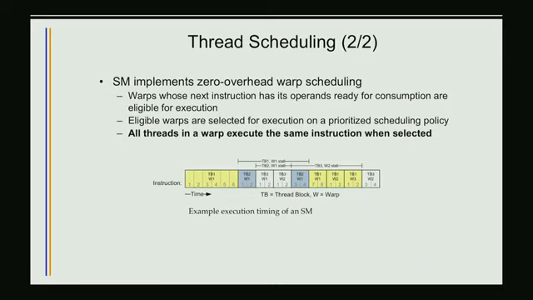But then at that point I realize, okay, the warp is doing a load, which is trying to get some data from a memory that's very distant. And I'm not going to be able to make any progress on that warp for a long time. So rather than have the hardware go idle and wait, we'll just pick another warp from another thread block, or a warp from the same thread block.